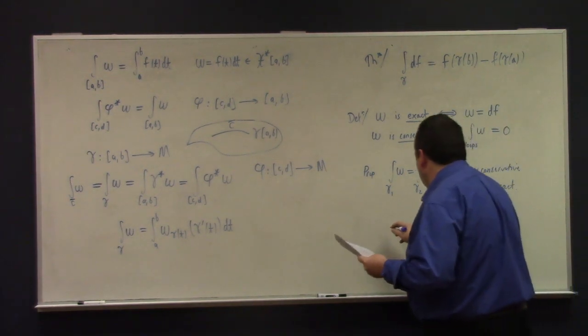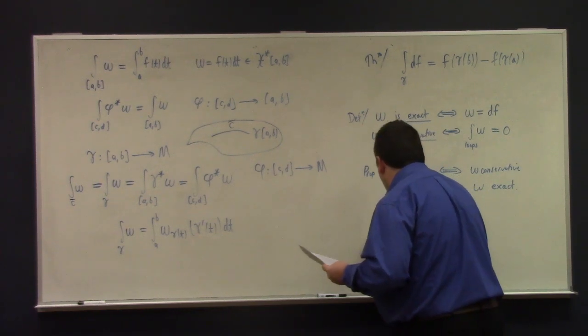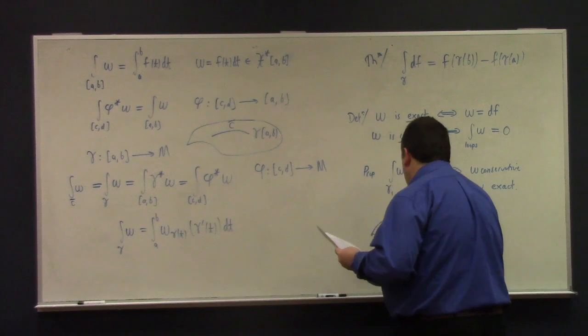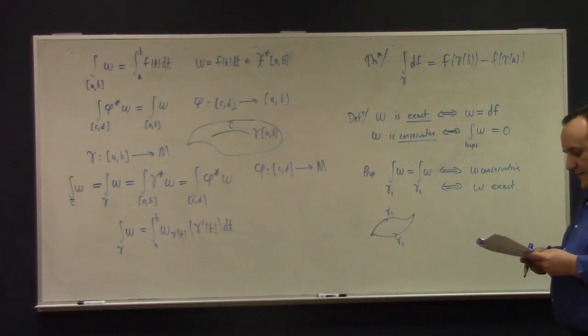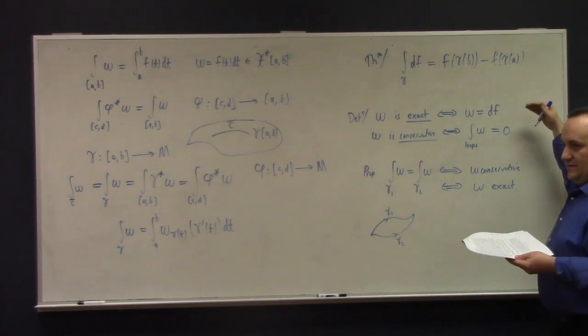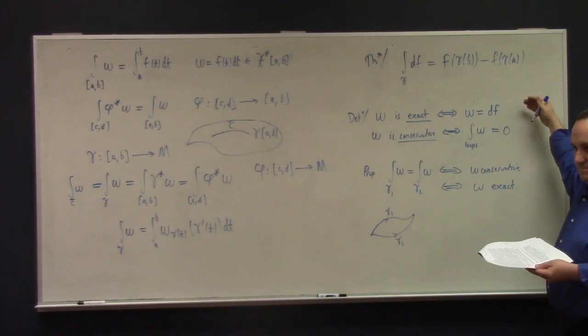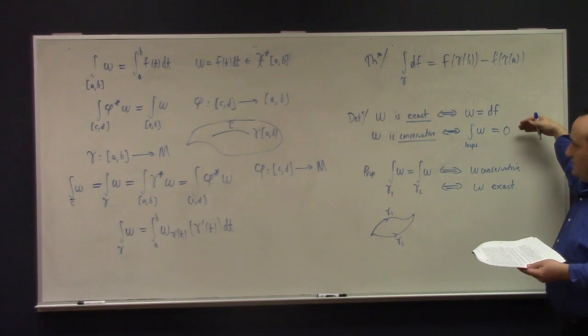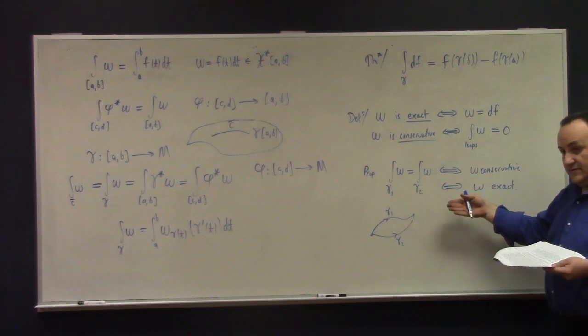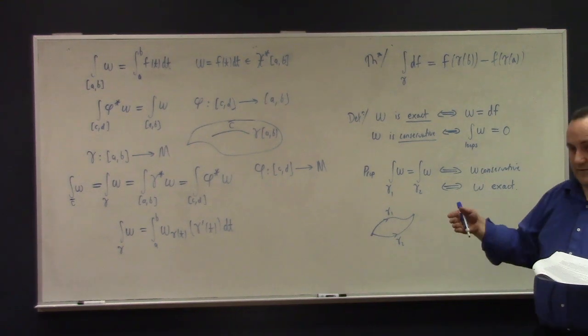And here, to be clear, these are coterminal paths. Same starting and ending points, coterminal paths. So here he's talking about the equivalence between the existence of a potential function, the integral around loops being 0, and the path independence. You should recognize this from the discussion in Calculus 3 of conservative vector fields.